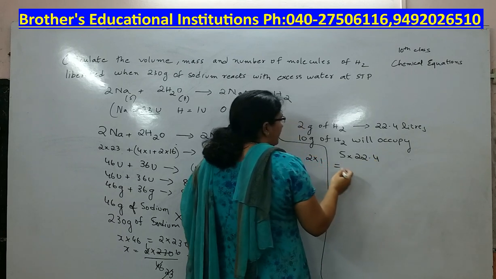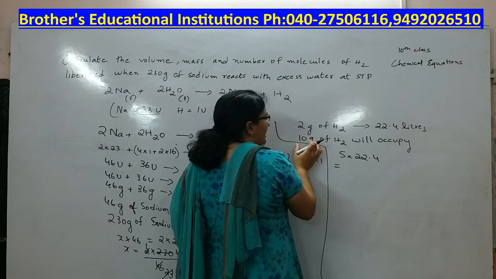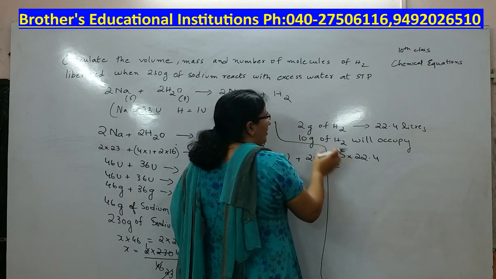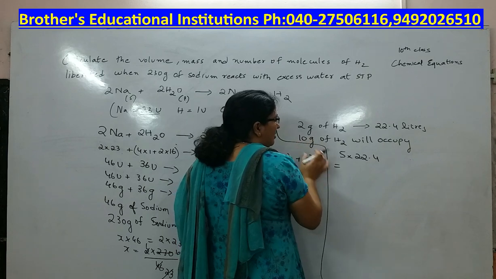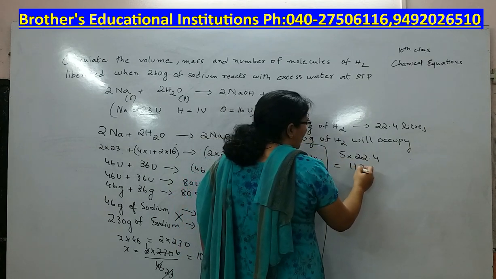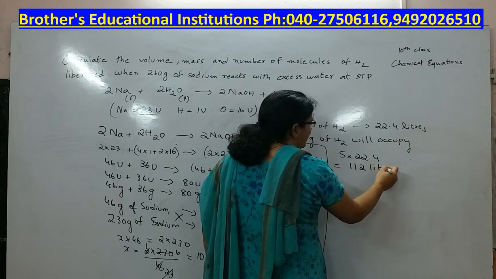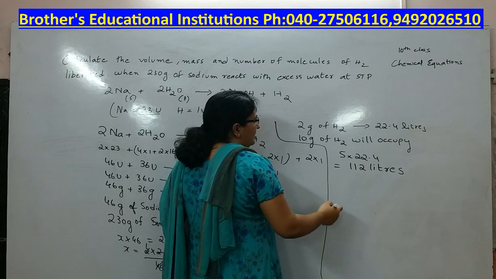That is, here 2 grams occupies 22.4 liters. 10 grams will occupy, you have to do into 5, because 2 into 5 gives you 10. Okay, 5 into 22.4, that will give 112 liters. Right? Yes.